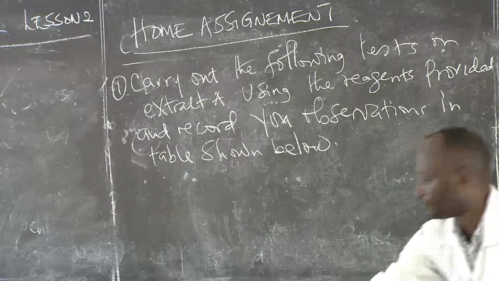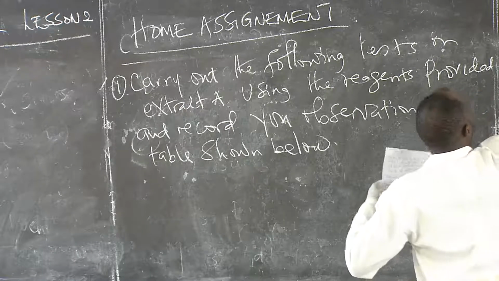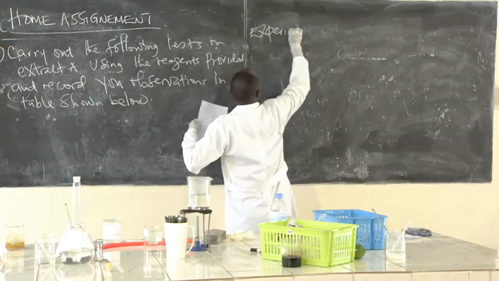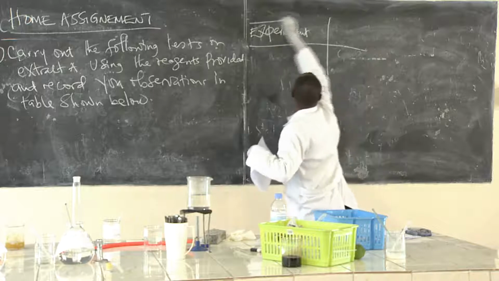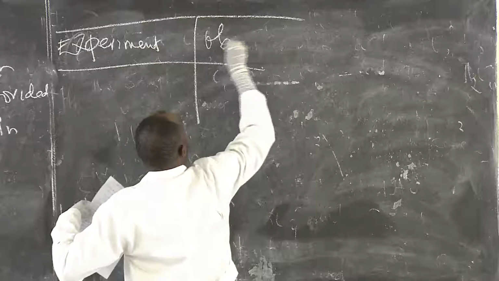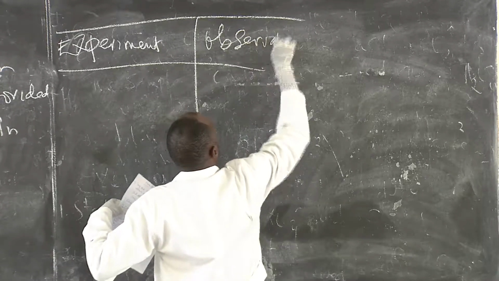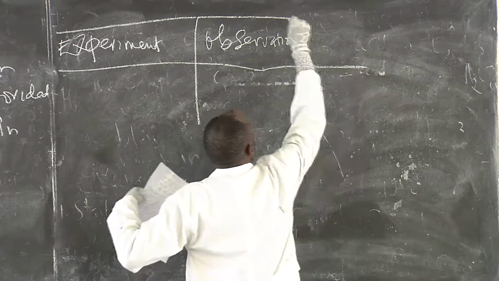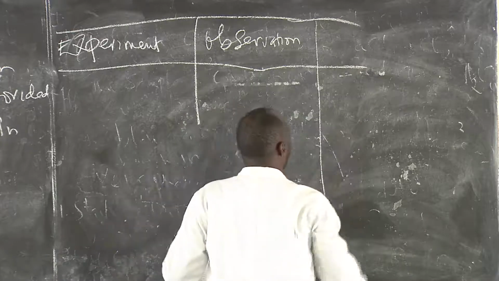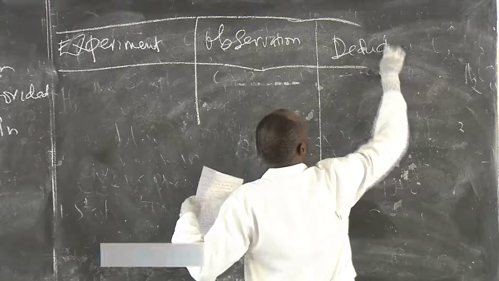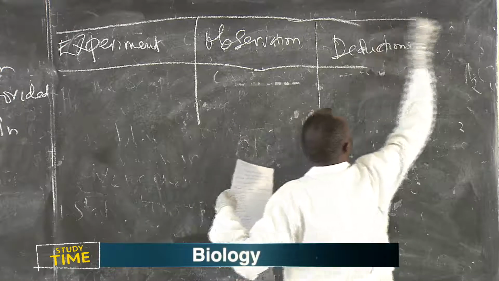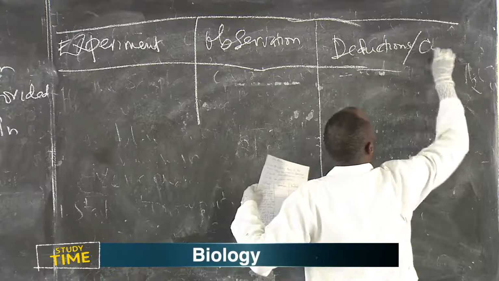I can say this is the experiment. These are observations. And here, the third column, we have deductions or conclusion.